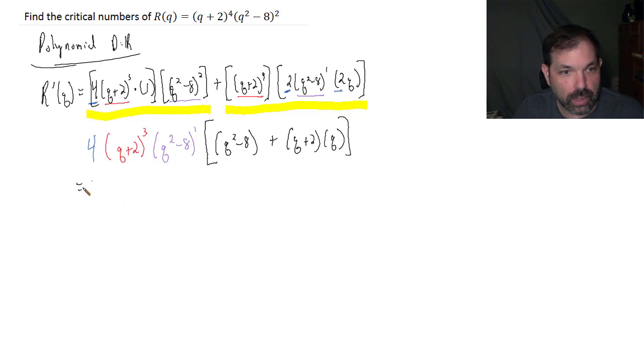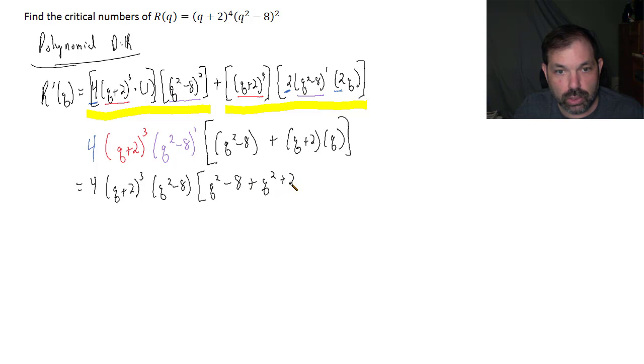So r prime of q then is 4 times (q plus 2) cubed times (q squared minus 8) times [(q squared minus 8) plus (q squared plus 2q)]. So that's 4 times (q plus 2) cubed times (q squared minus 8) times (2q squared plus 2q minus 8).